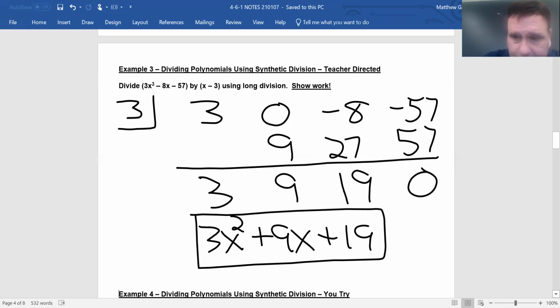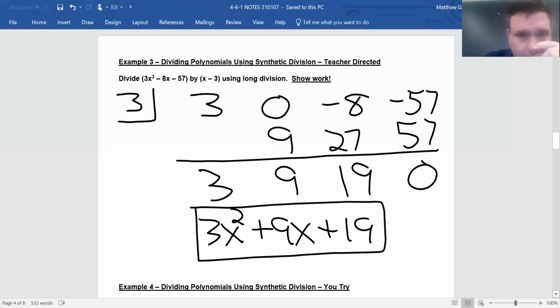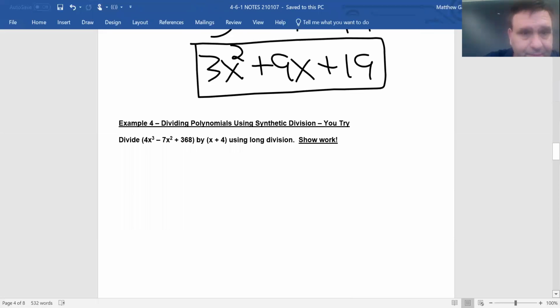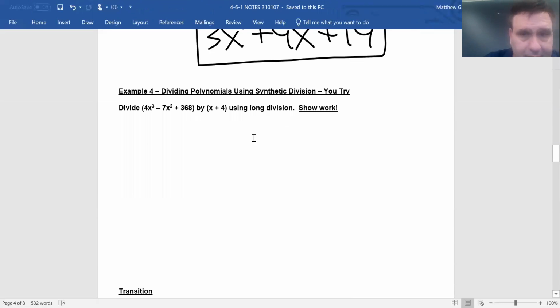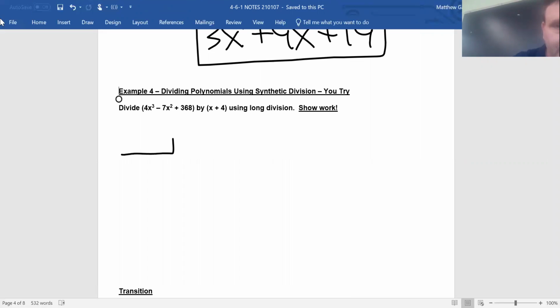Example 4 is similar. You got big numbers here, but they should come out to a remainder of 0. So when you set this up, the excluded value, x plus 4, means that x can't equal negative 4. We'll talk about that when we start Unit 5.